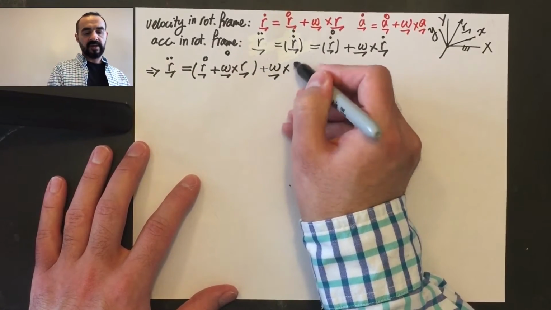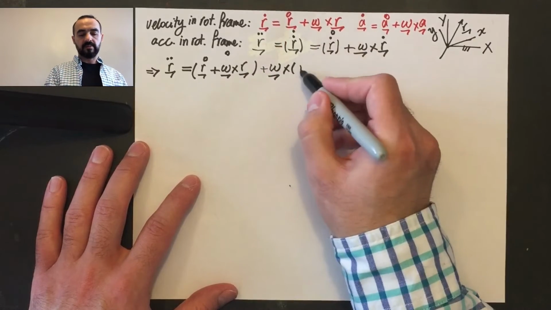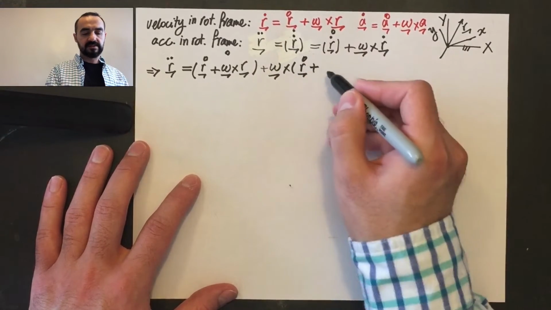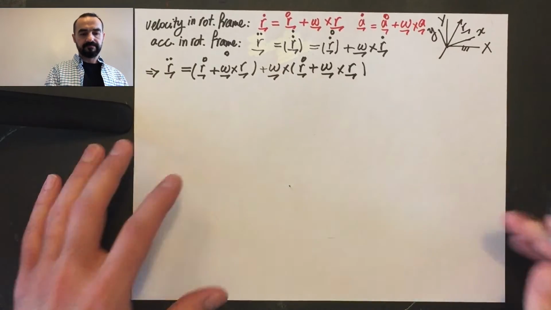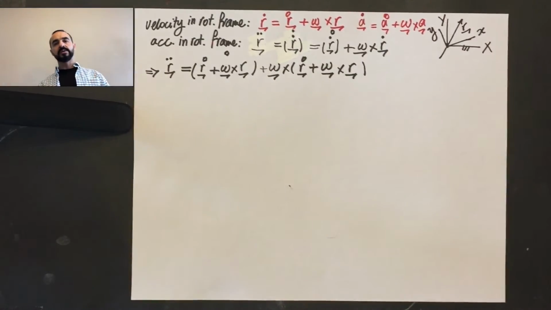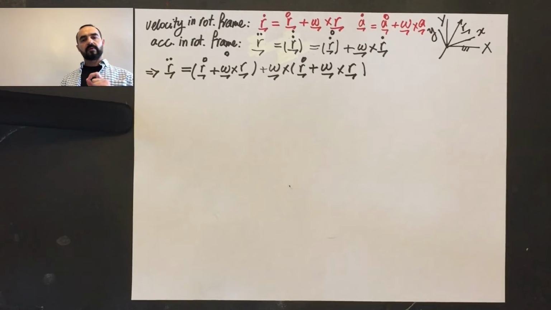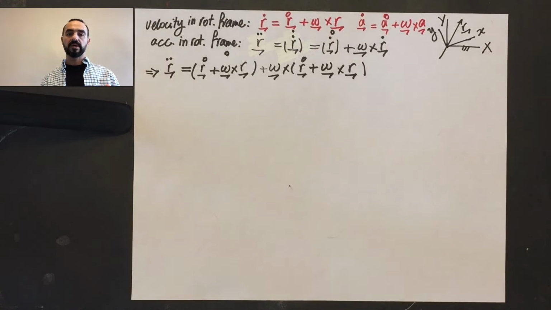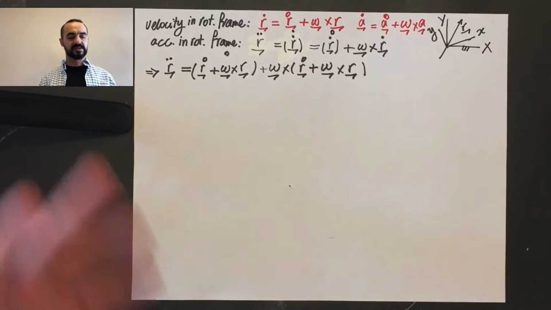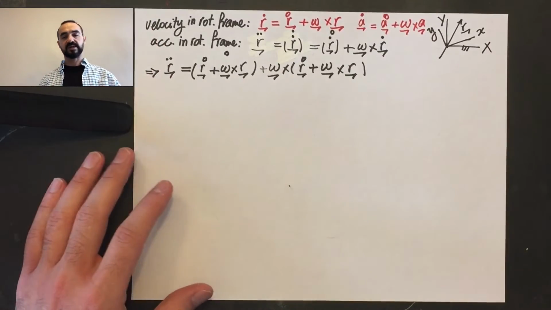So I have omega cross, again, I'm going to replace R dot with R circle plus omega cross R. To remind you what we are doing here, if you recall for velocity, I explained that our goal is to have all the dots on one side, the left hand side, and all the circles on the right hand side. In other words, I'm trying to move all the circles to the right hand side and just have dots on the left hand side.